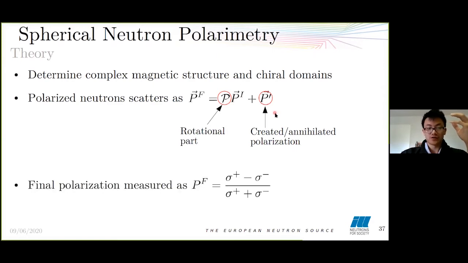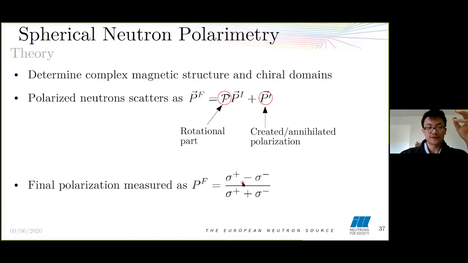Then you can measure the final polarization along one direction by making the difference of the cross section of the neutrons polarized along one or the other sense of the direction.